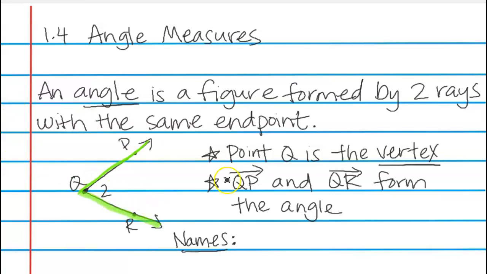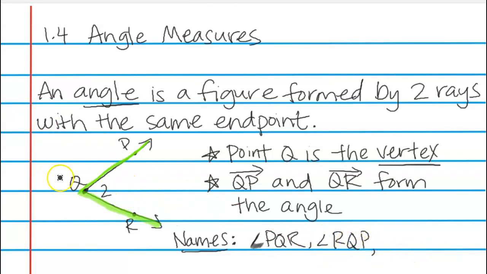So this is angle. That is my angle symbol there. Angle PQR. Okay, if I go in reverse with my highlighter again, R, Q, P. So that's another possible name. Angle RQP.